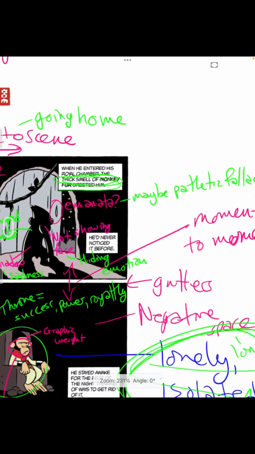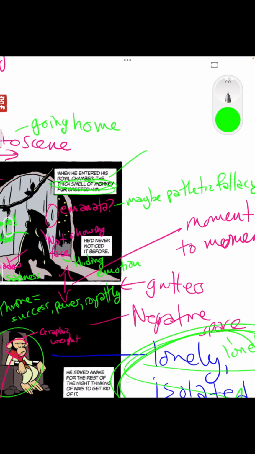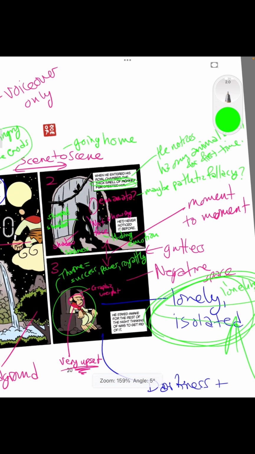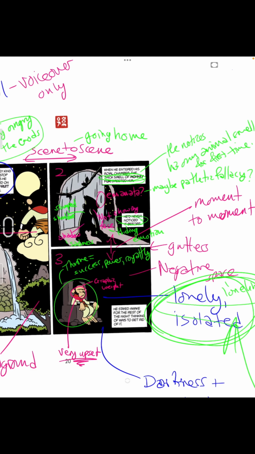Smell of monkey fur. So now we identify, wait a minute, he's angry at the gods, yes, but he notices his own smell, his own animal smell, for the first time. Okay, and that's very important. He had never noticed it before, right there, okay?